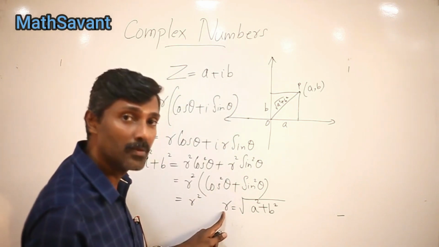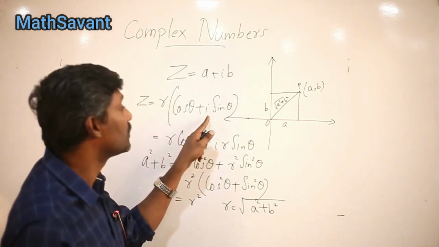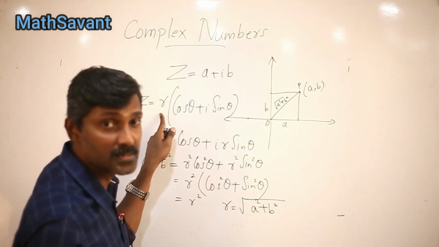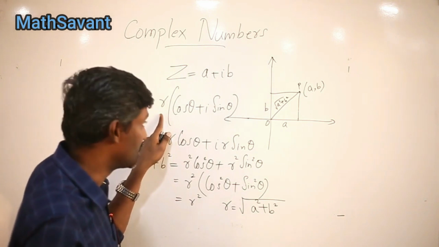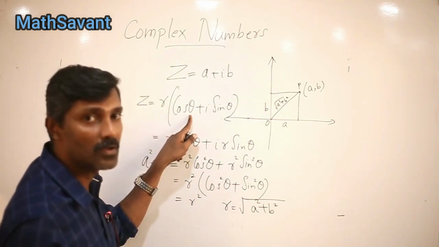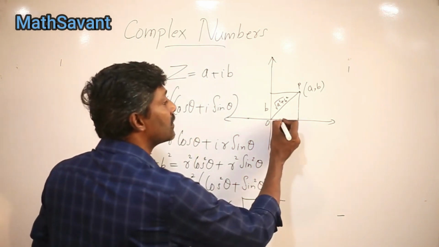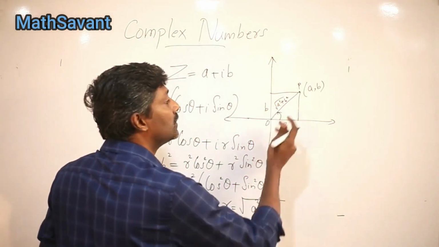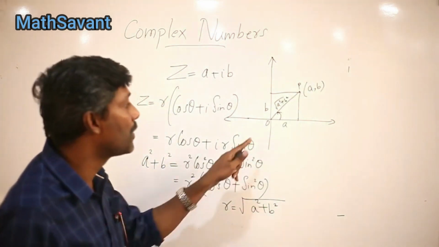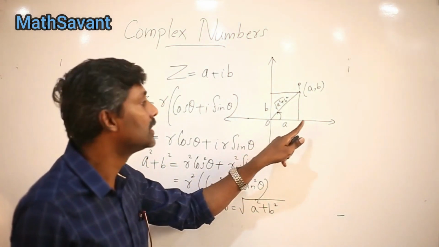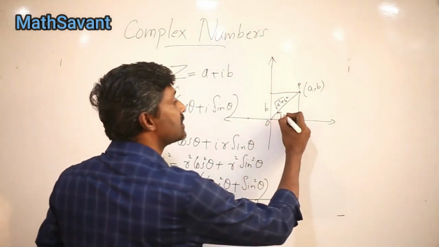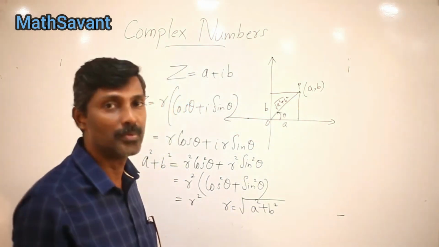So what is R in the polar form? The R in the polar form of a complex number represents nothing but the modulus of the complex number, right? And theta, we call it the argument or the amplitude. This is the angle that the modulus of Z makes with the real axis. This is the angle theta. Hope you understood.